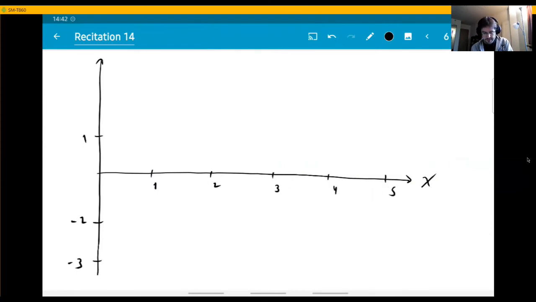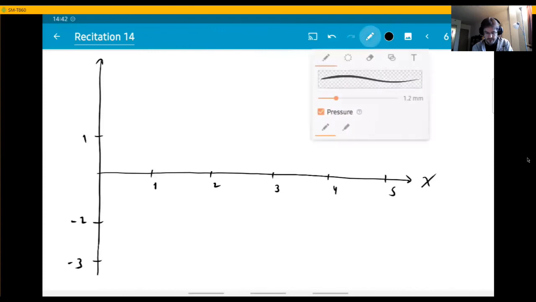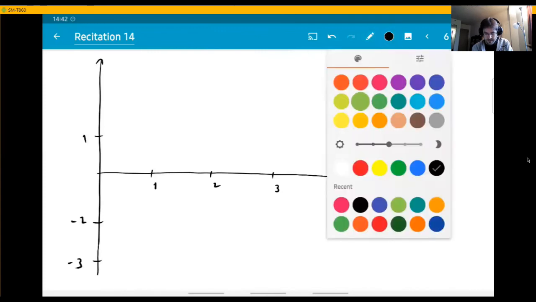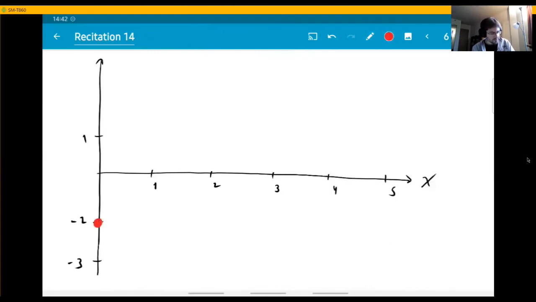Start by marking down the values that you just discovered for the function. We know f of 0 is negative 2, f of 1 is 0, f of 2 is 1, f of 3 is minus 3. F of 4 was some number involving pi that you can see is a negative number. Similarly for f of 5, but that one is positive.